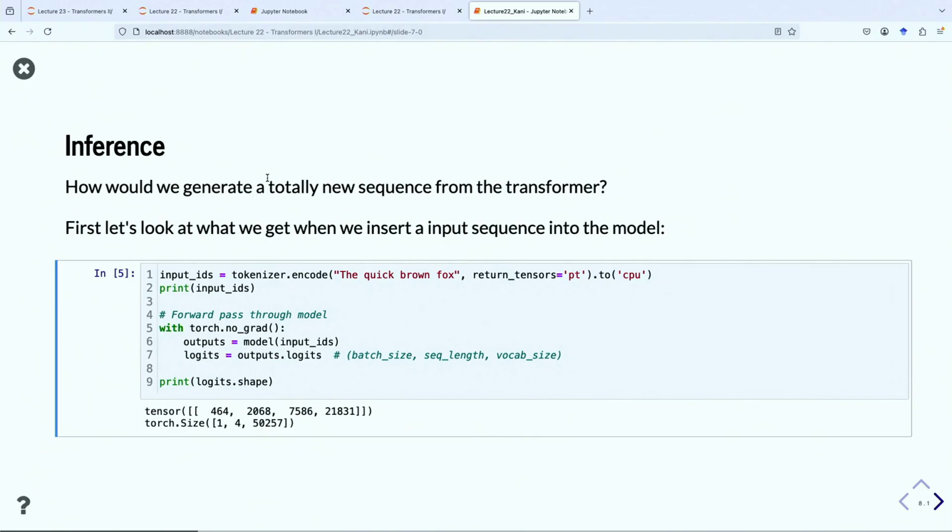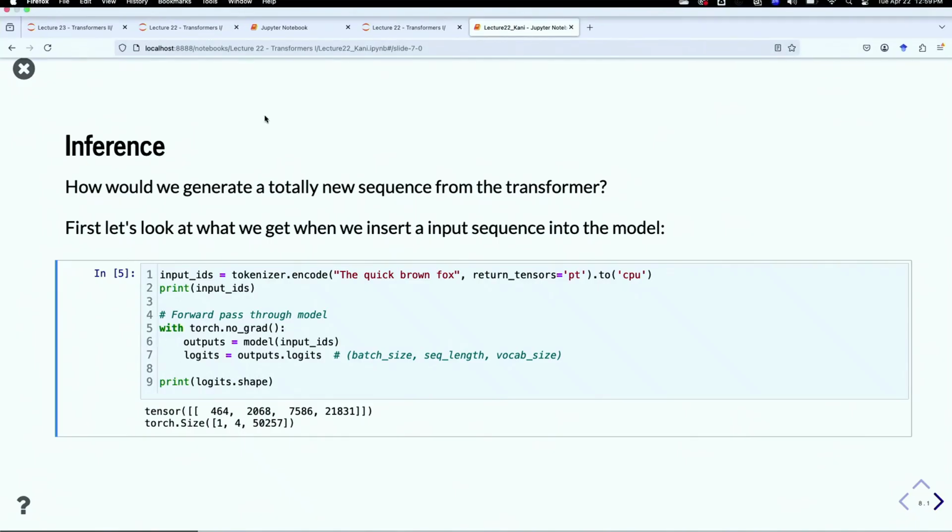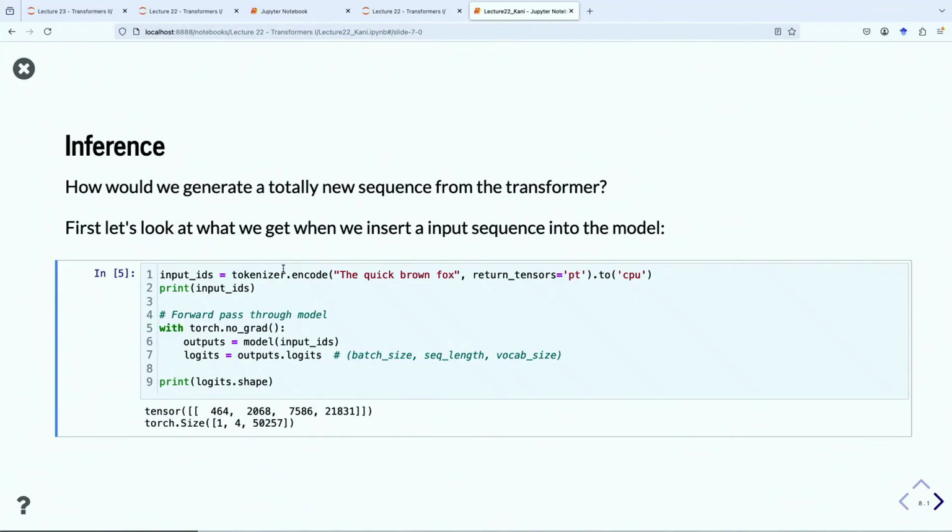So, let's say we have a bunch of input IDs. We encode "the quick brown fox" into a sequence of 4 numbers. And then all we're doing is inputting this into the model.